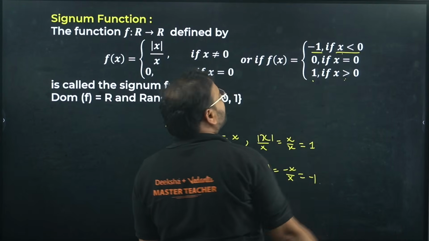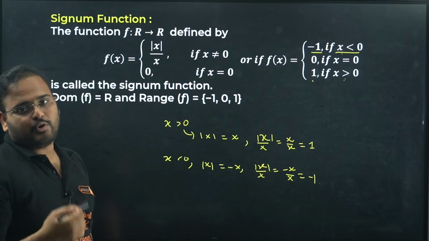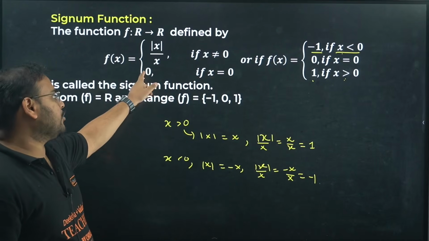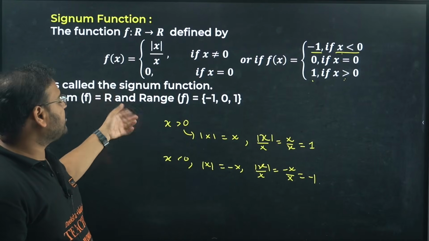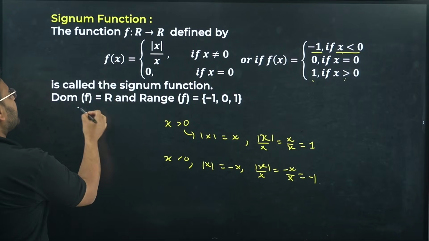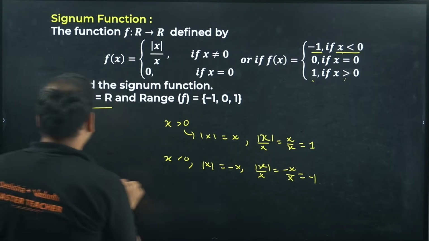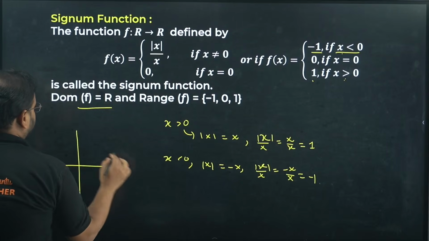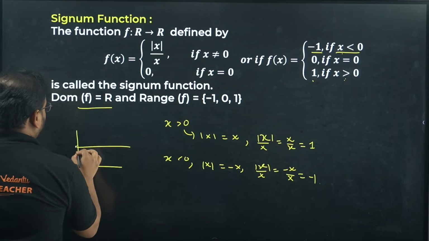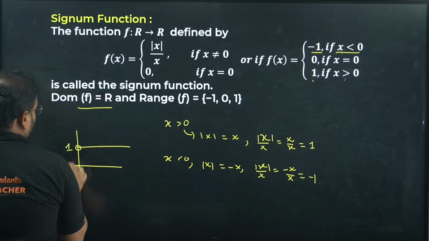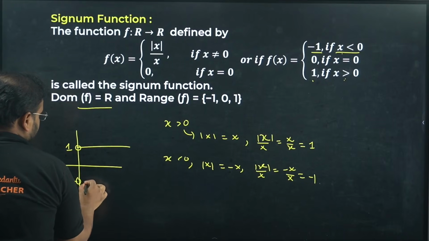And for x equal to 0, what happens? You got to find the limiting value. This is always going to be 0 only. Okay, this signum function, the domain is all real numbers, but the range has 3 elements, and the graph looks like this. This is open over here, by the way. Here also it is open.